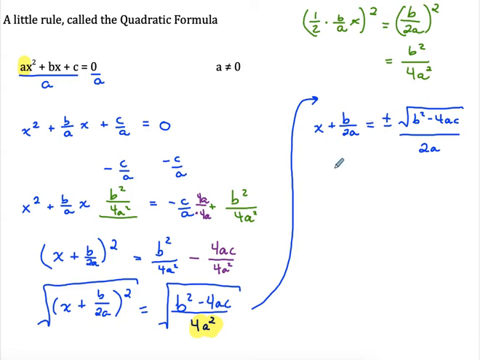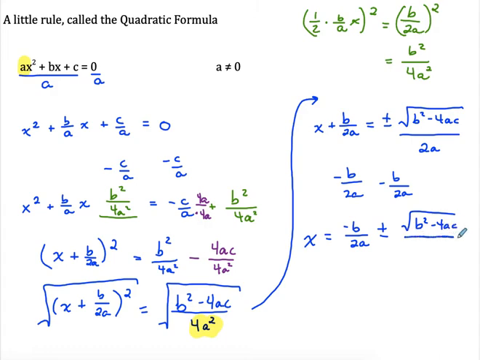And so now I just need to move this b over 2a over. So I'm going to subtract b over 2a from both sides. So now x is equal to negative b over 2a plus or minus the square root of b squared minus 4ac also over 2a, which is pretty cool because that means that these actually have common denominators.